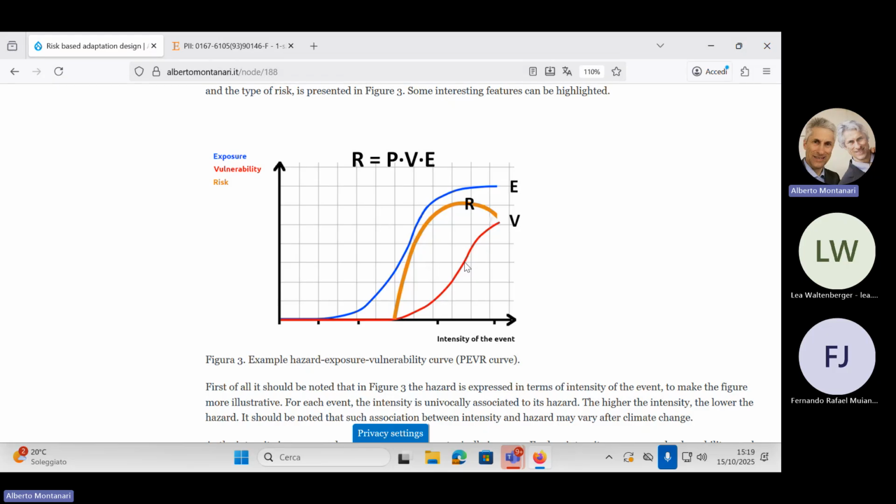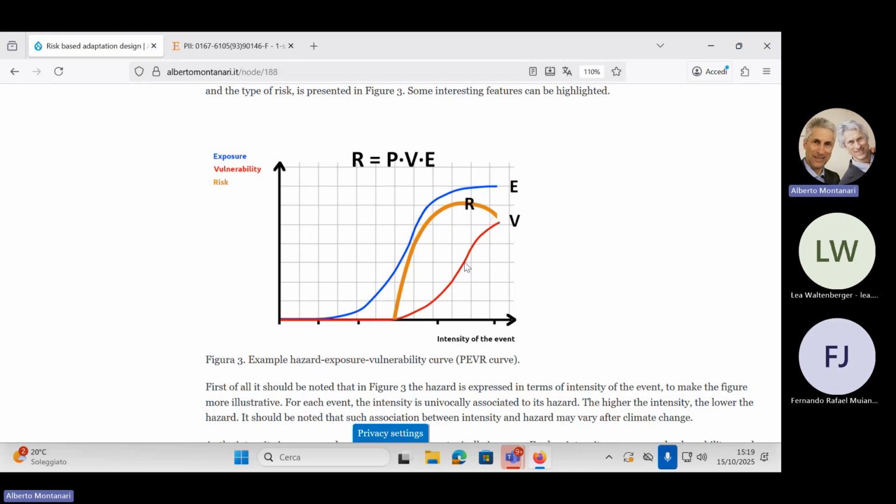Of course, this is not a cost-benefit analysis. Be careful. This identifies the event that gives the max expected damage. And then, if you want to make a cost-benefit analysis, you also have to evaluate the cost of the measures that I have to build in order to achieve this kind of protection, this value of vulnerability.